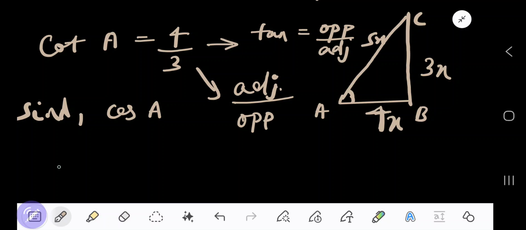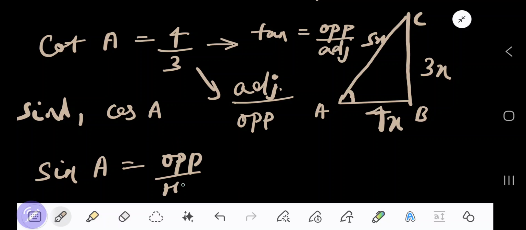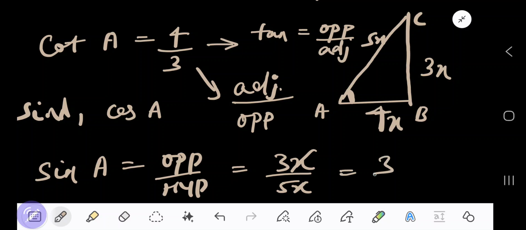So what is sin A? Sin A is equal to opposite by hypotenuse, right? So A is the angle. Opposite of this is 3x by hypotenuse 5x. X cancel, all you have is 3 over 5.